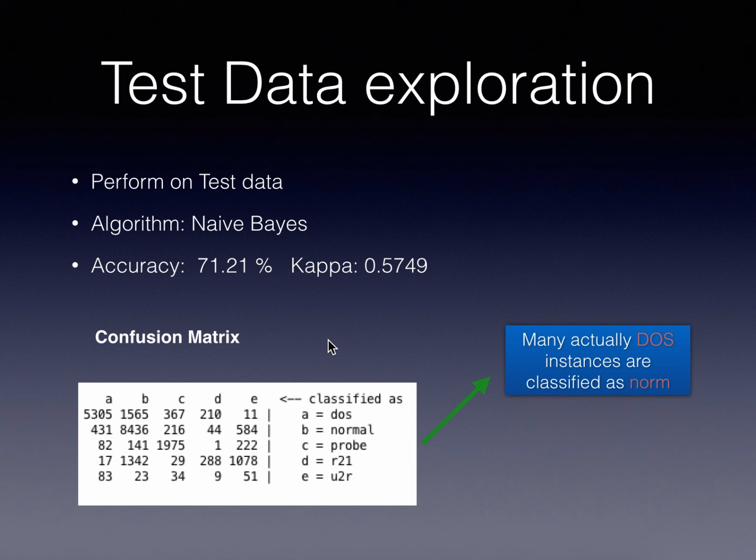So we cannot just say that this 5-label classification is wrong, because it is reasonable, while the binary one is just the first step and a guess. So we can see the confusion matrix is here, and here we can see another problem: you may find that this value is very large. Actually, many actual DOS attack instances are classified as normal, as I show here.